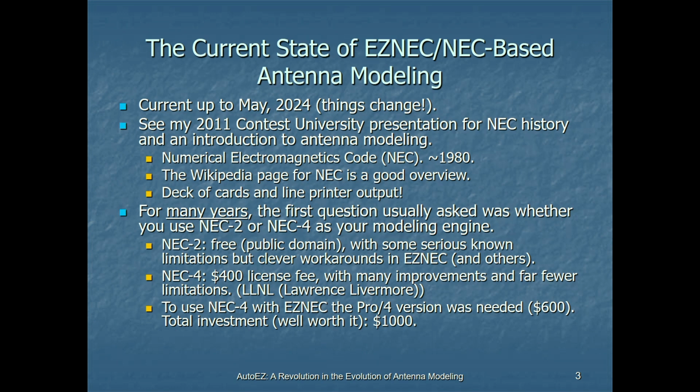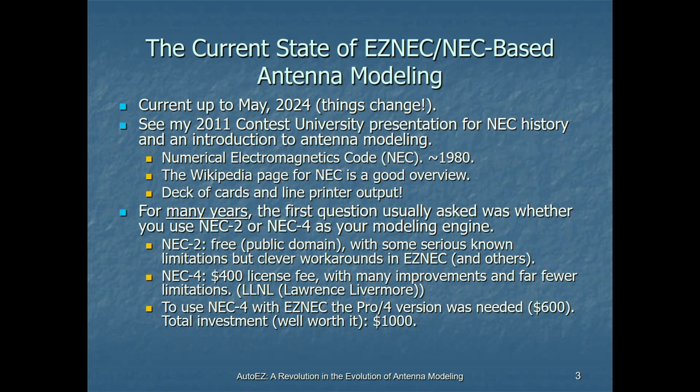For many years, probably the last 20 plus years, the first question that was usually asked when it came to talking about modeling was, are you using NEC 2 or NEC 4 for your modeling engine? NEC 2 was free, in the public domain, but it had some serious known limitations.